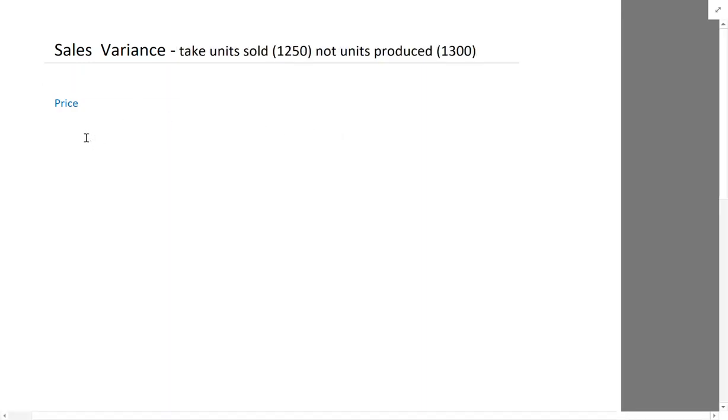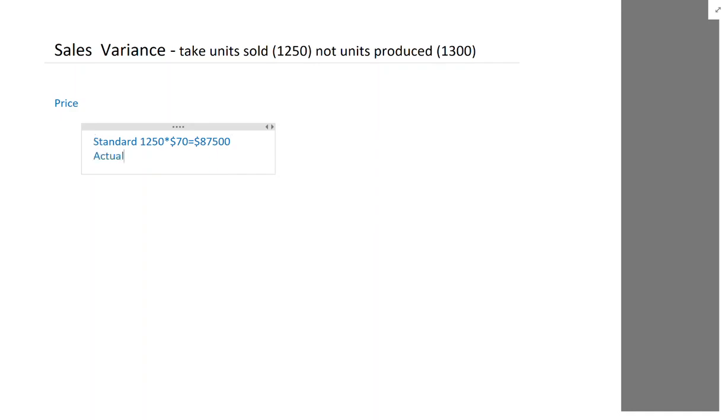Okay, in price, we say, did we sell it expensive or cheaper? So according to standard, the units that we sold, how many units are they? 1250. We should have sold each of them for 70. Yeah? Which is, we would have earned 87,500 revenue if we had sold them at the standard price.